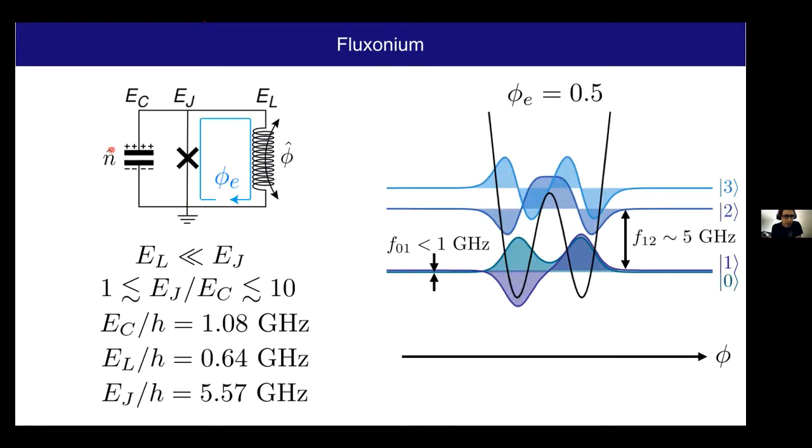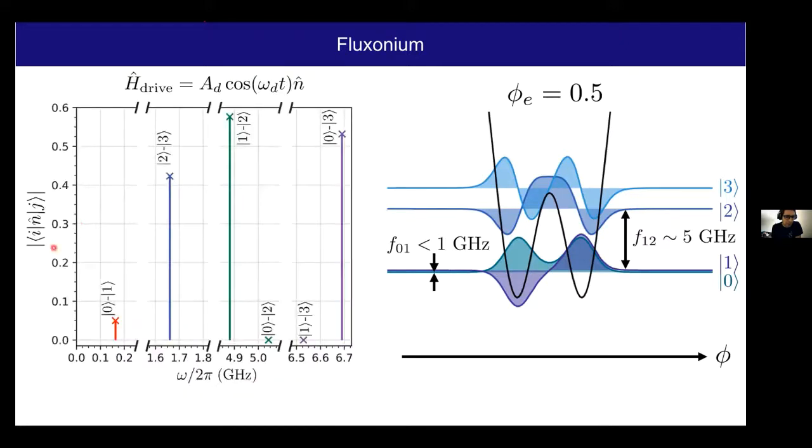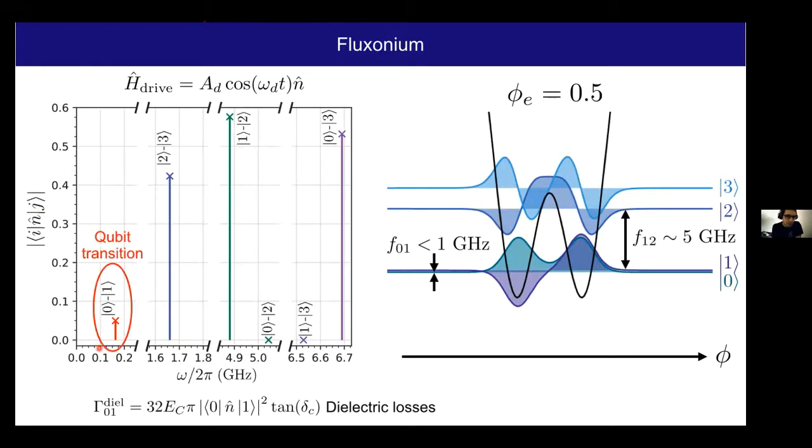So let's have a look at the matrix element of the charge operator between states i and j. We find that the qubit transition here at 160 megahertz has a relatively small matrix element. The value of this matrix element is crucial as it determines two things if you want to use this 0 and 1 state as a qubit.